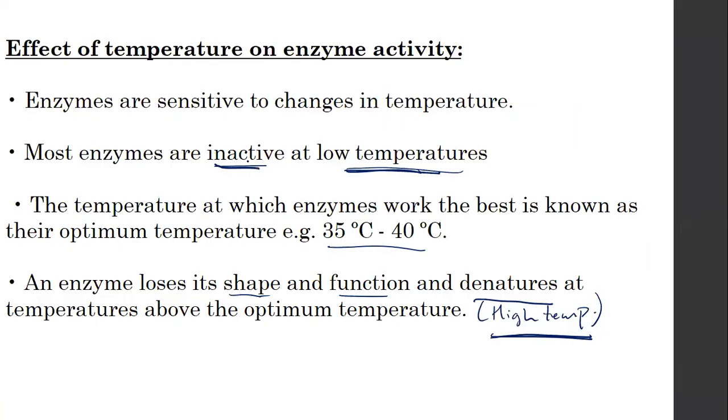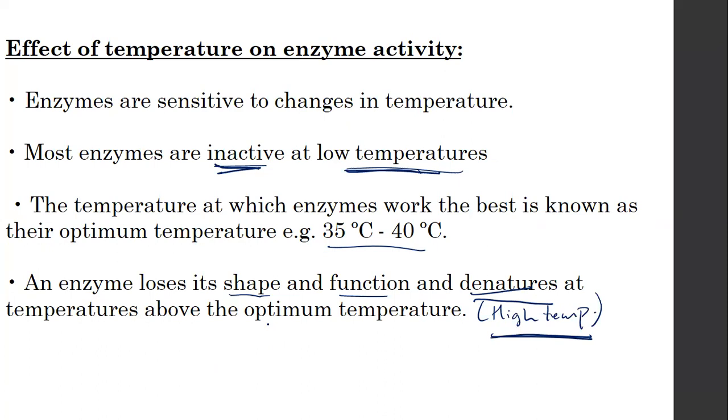So remember, low temperatures, inactive. High temperatures, denatures. That's how it works. But enzymes can work best at temperatures between 30 degrees and 40 degrees. Apparently, the temperature of the testicles is supposed to be between 2 and 3 degrees Celsius, so it's not 35 or over.